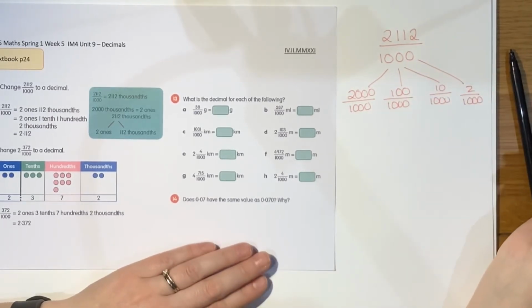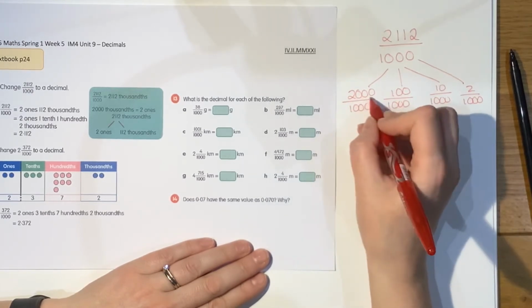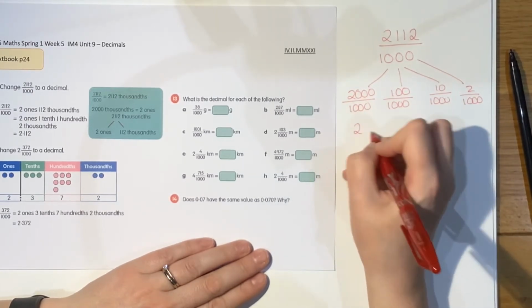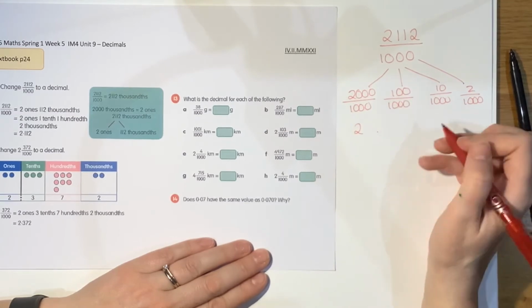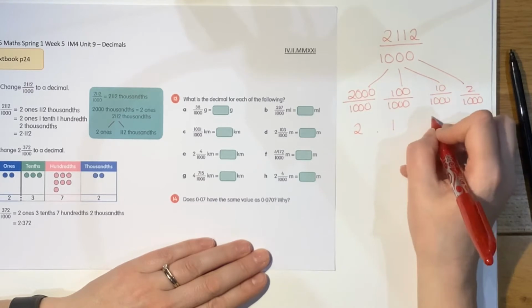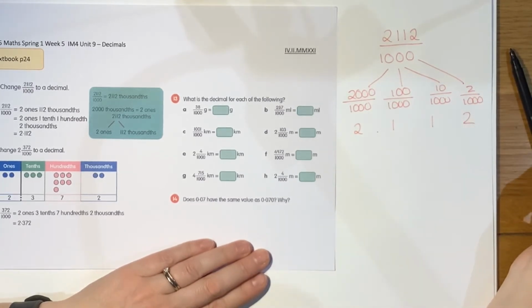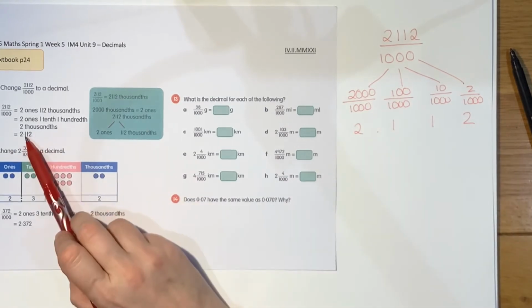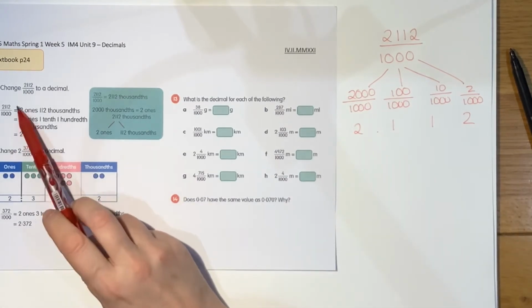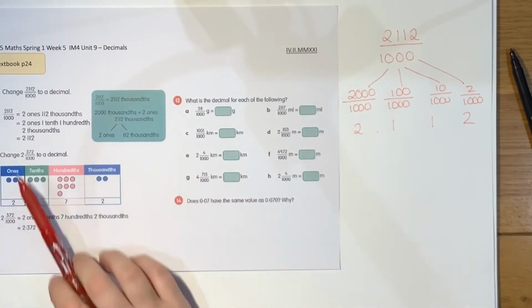Then I'm going to use my knowledge of fractions to say that 2,000 1,000ths is 2 whole ones. 100 1,000ths is 1/10. 10 thousandths is 1/100. And 2 thousandths is 2 thousandths, giving us 2.112. Okay, same as what I was saying at the beginning. We're just dividing by 1,000, aren't we? Getting 1,000 times smaller. Let's have a look at another one.